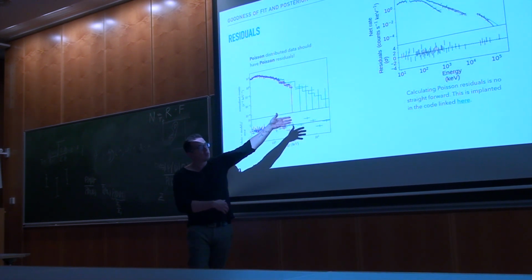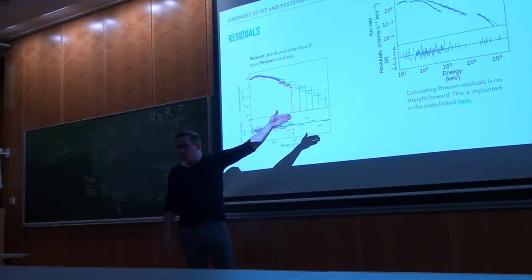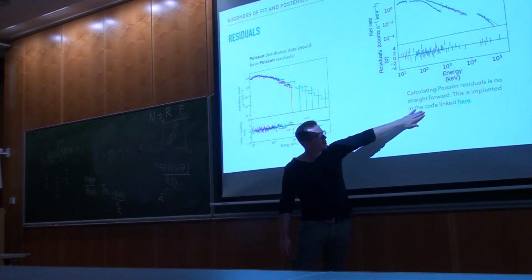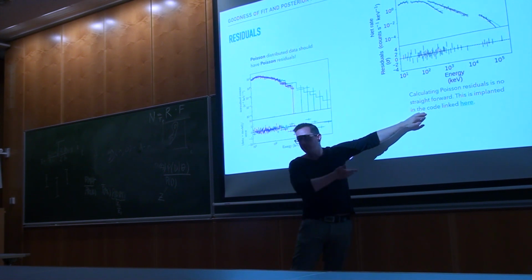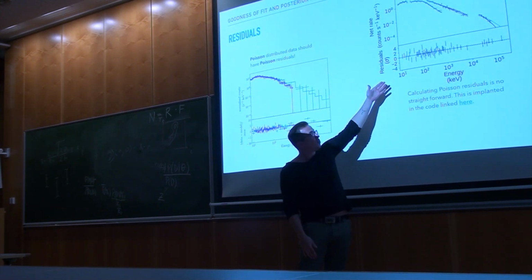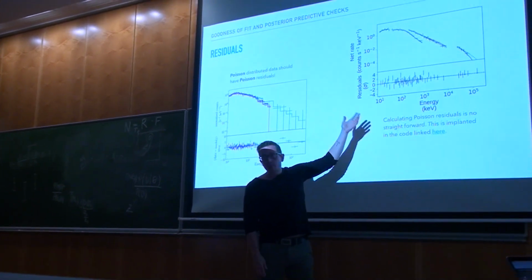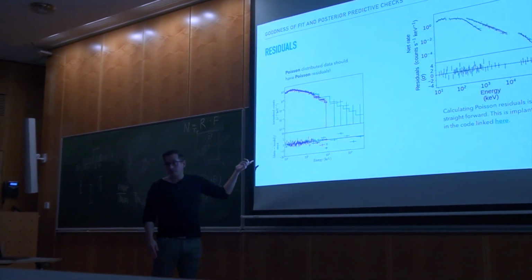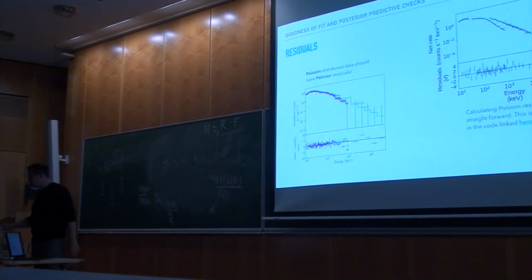You need to actually compute the Poisson residuals. That's a bit of a difficult calculation; you have to use a survival function. But there's Python code that I've linked here to compute and plot those. So if you insist on doing your model checking with residuals, make sure you use the proper Poisson residuals and do not use Gaussian residuals for Poisson distributed data.